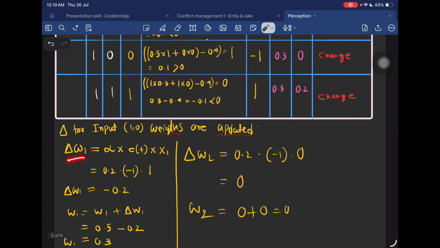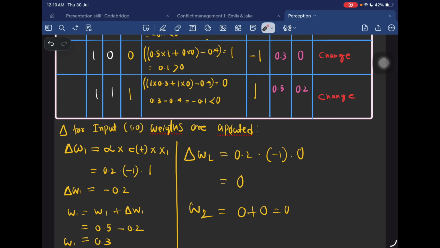So for delta W1, this is the learning rate, this is the error, and this is the first feature. Our learning rate is 0.2, the error comes to minus 1, and the first feature is 1 in that case.